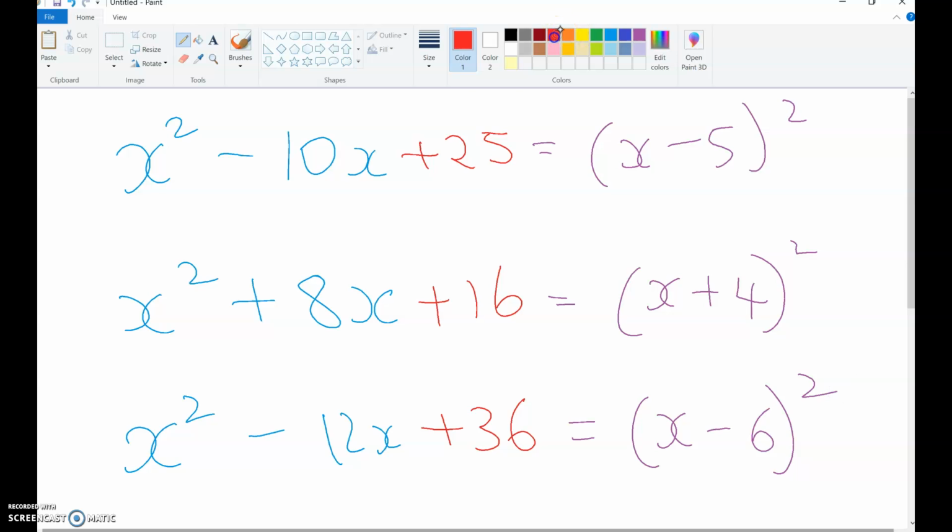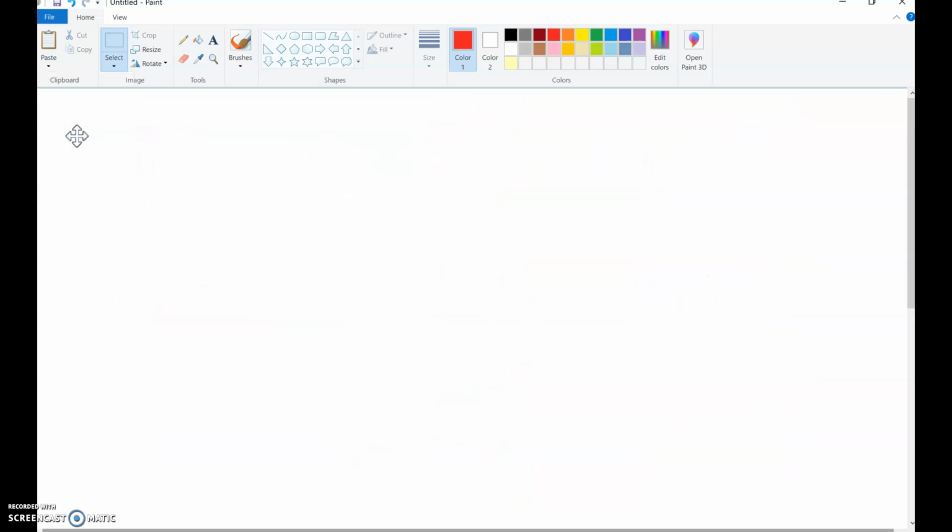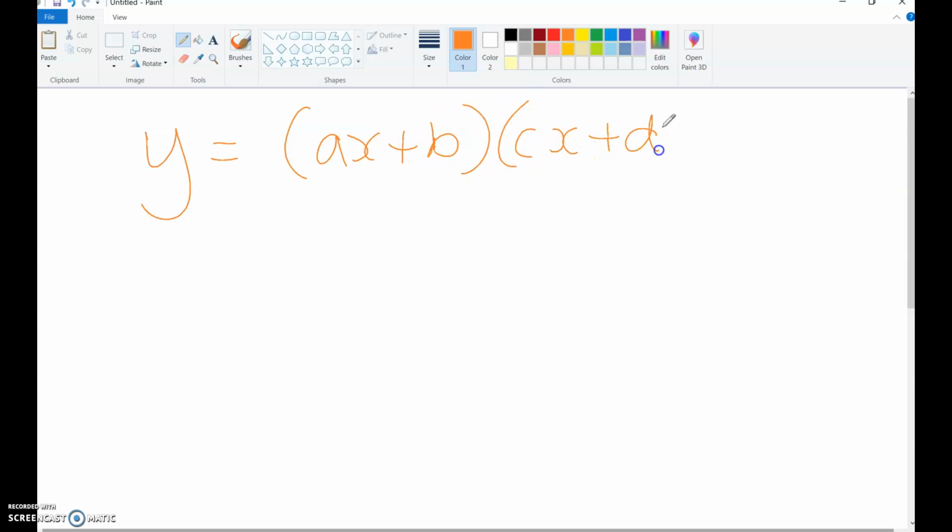So what is the purpose of being able to do this? Because here we've got 2 x's, and this expression we've only got 1. So completing the square is actually how the quadratic formula came about. But it's also quite good in parabolas because we have our y equals (ax plus b)(cx plus d).